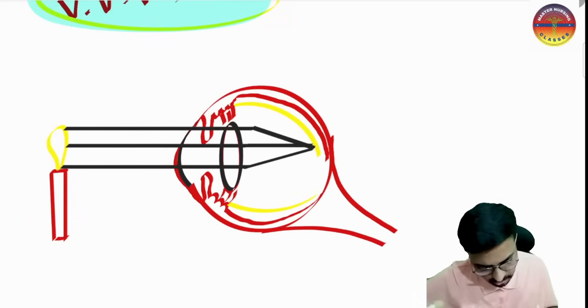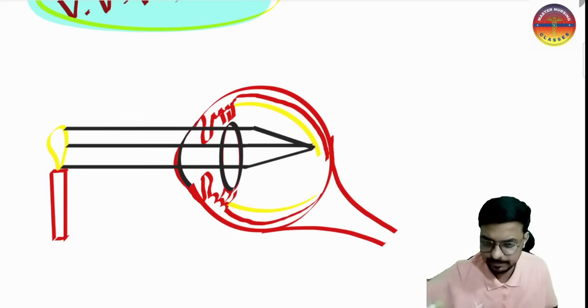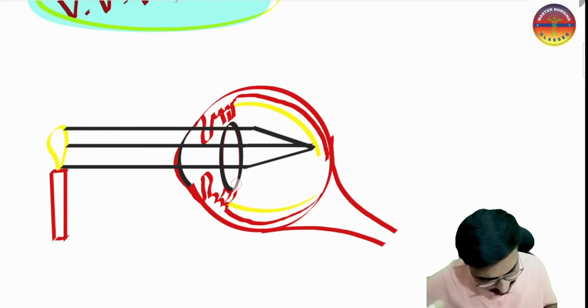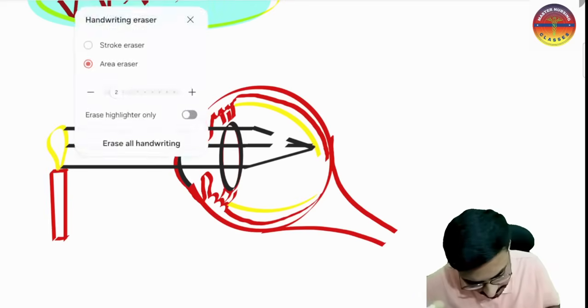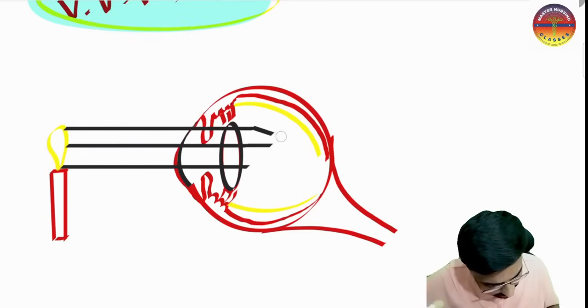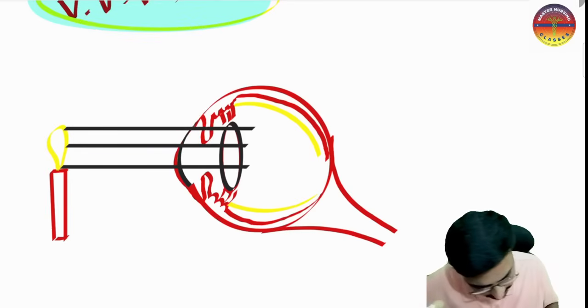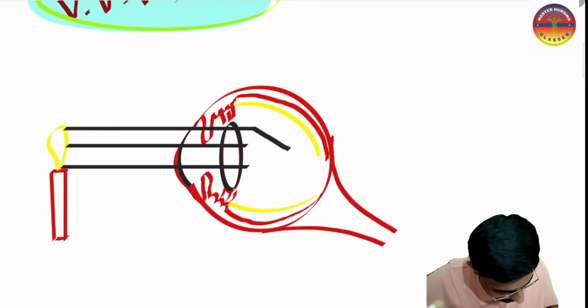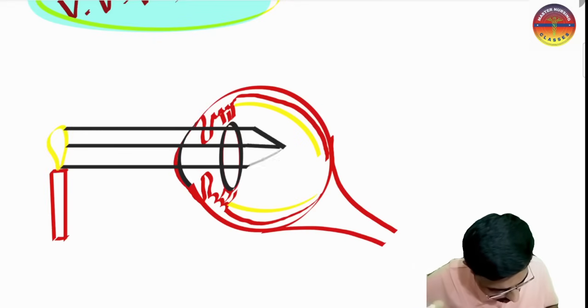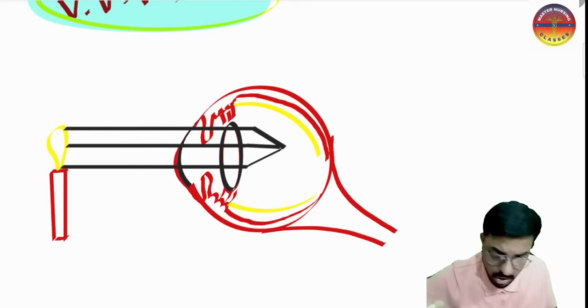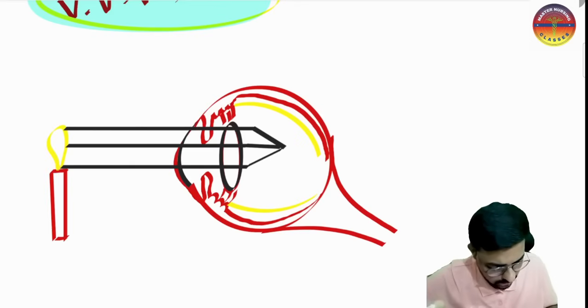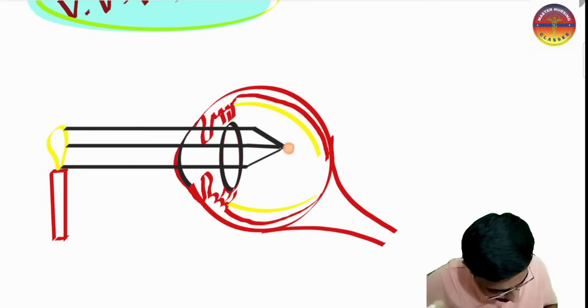Now what happens if this particular lens is over-bending the light? The light rays will over-bend, they will not go directly on the retina, they will bend in front of the retina.